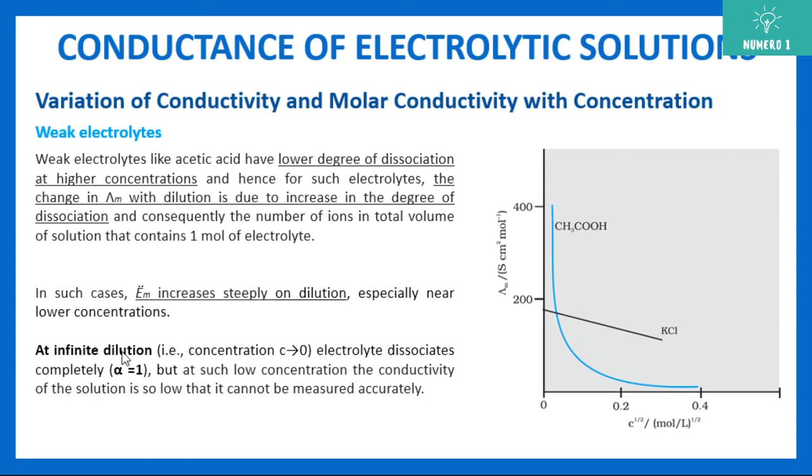At infinite dilution, concentration approaches zero, and the electrolyte dissociates completely, so the degree of dissociation, alpha, equals 1. But at such low concentration the conductivity of the solution is so low that it cannot be measured accurately. That's why this graph is not giving any value on the y-axis.